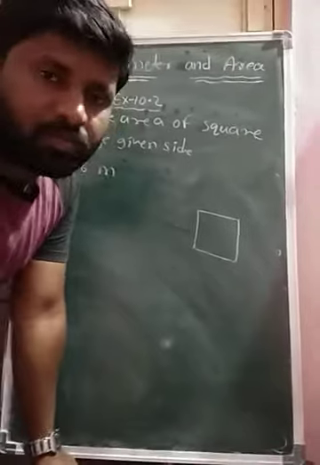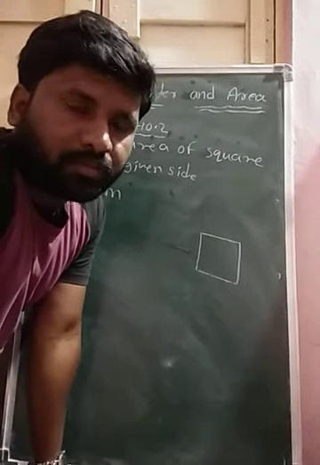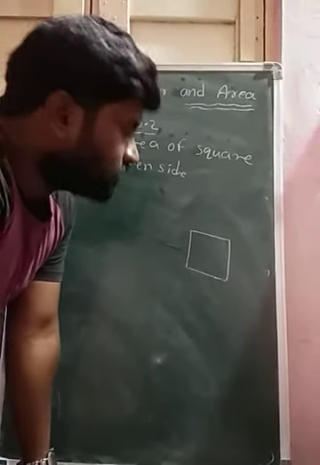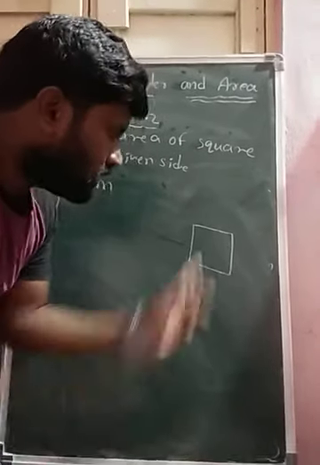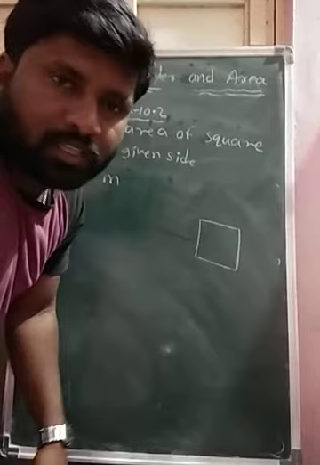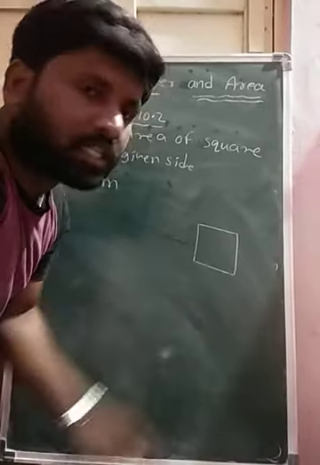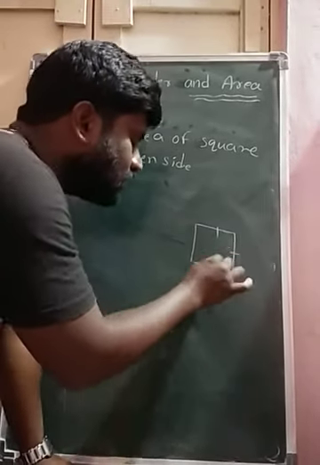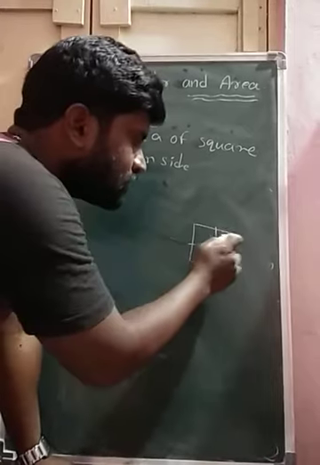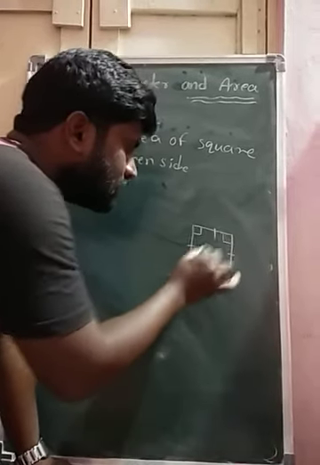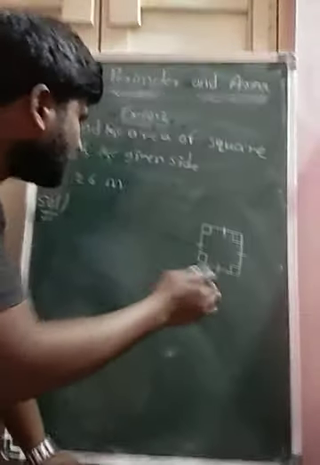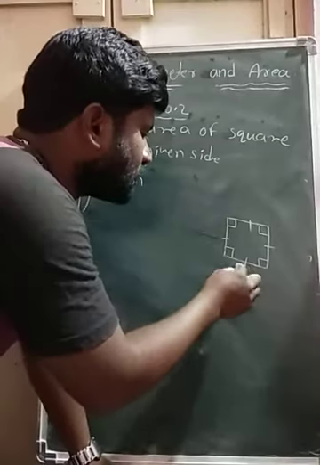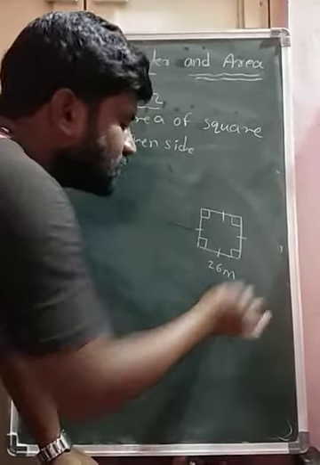We discussed at the time of geometry that a square is a regular polygon because all its sides are equal in length and each angle measures 90 degrees. Here one side of the square is 26 meters.